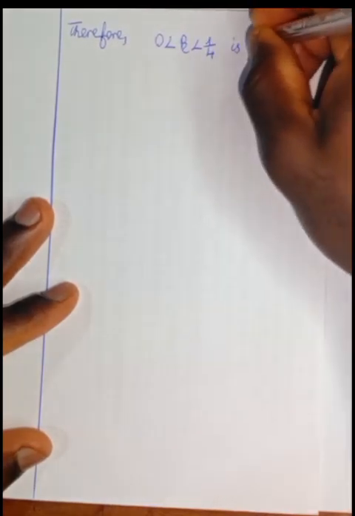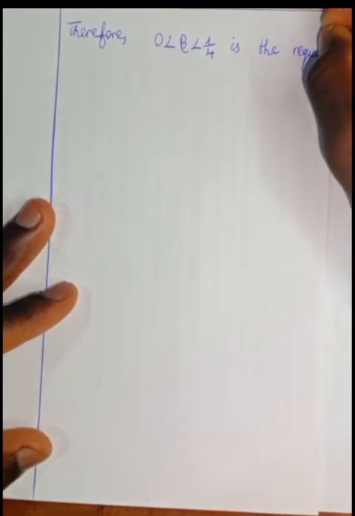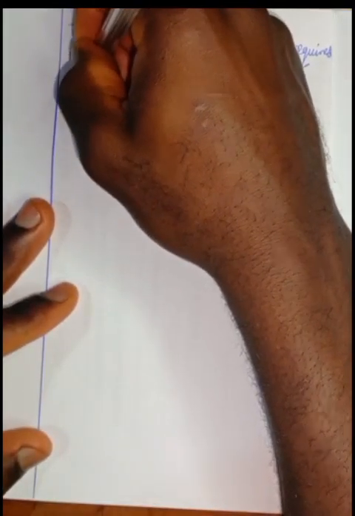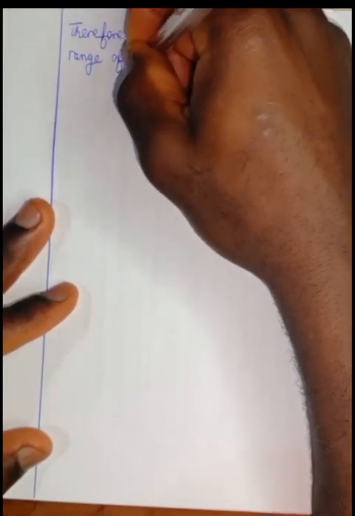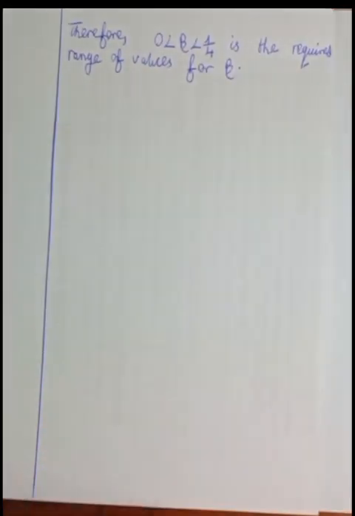Therefore, 0 less than beta less than 1/4 is the required range of values for beta. There is still another way we can get this.